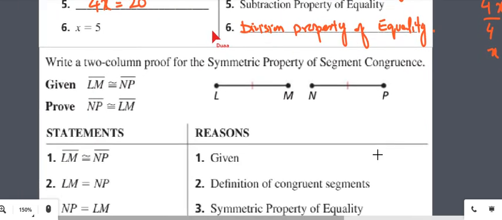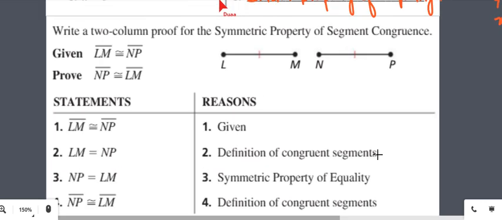Let's move to the next problem. It is again an example. It says, write a two-column proof for the symmetric property of segment congruency. What is the symmetric property of segments?